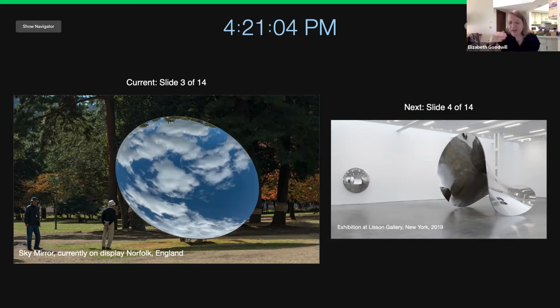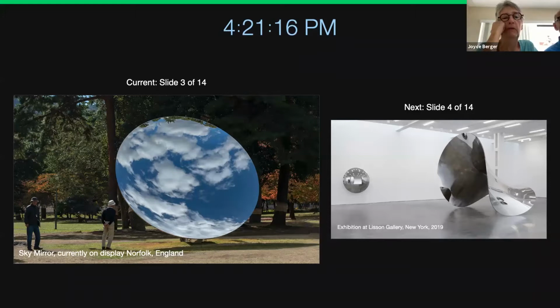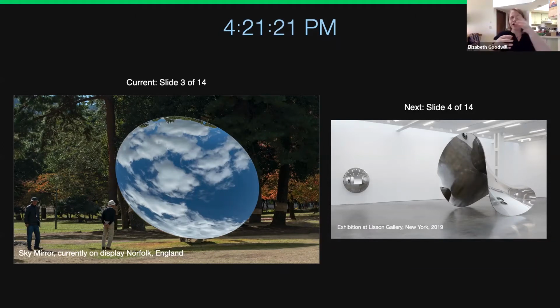I love the fact that this concave surface is reflective enough, or it's angled enough just so that it catches the sky. And of course, the sky is upside down in it because it's the shape of the bowl. But you can watch birds fly by, the clouds move slowly, and you try and look in the direction that you thought the bird went. It was actually going the other way.